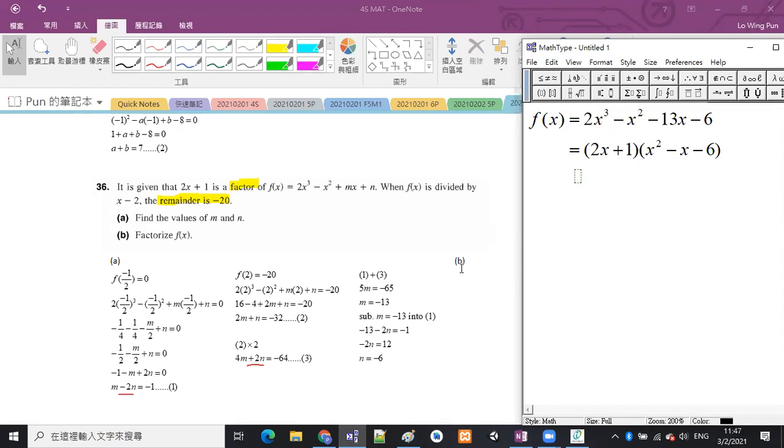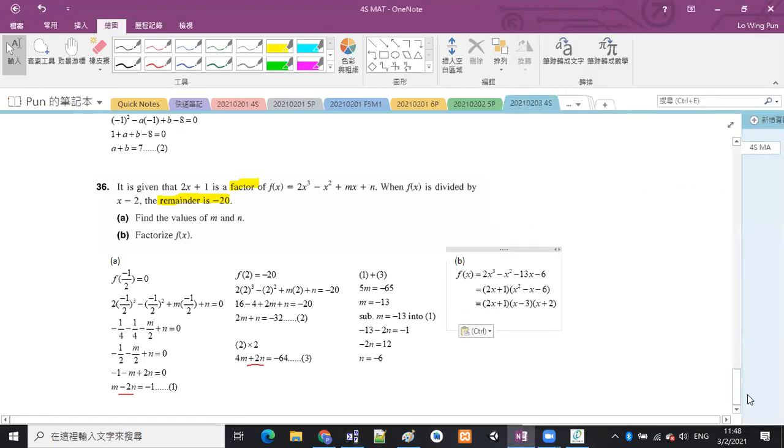Yes. Okay. And don't forget to try to further factorize this. It can be factorized: 2x plus 1, then x minus 3 times x plus 2, using the cross method or the formula 1 from the calculator. So this is fx in full.